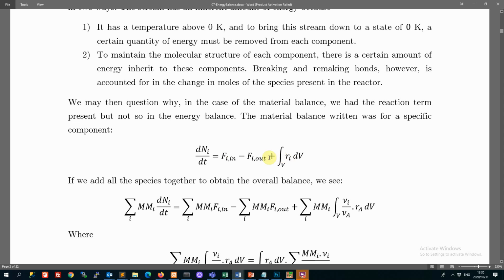And that's because when we wrote this balance, we wrote it on a specific component, component I, if you like. So we had flow in and flow out, and we had a reaction term.